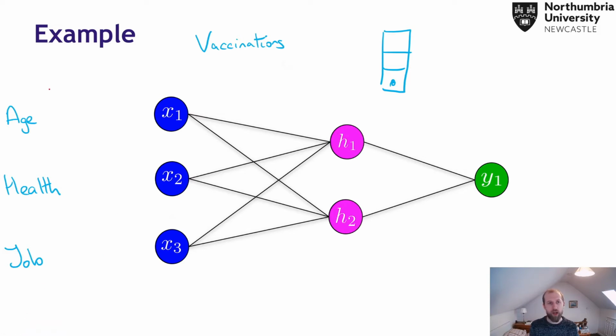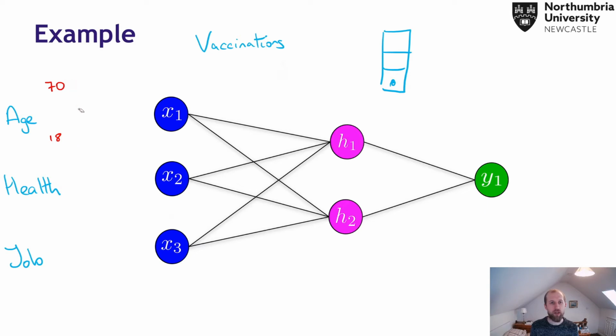For age, we're going to have people between the age of 70 and 18, as I said before. What we're going to do is something called normalization, where we convert this age range into a more convenient range between 0 and 1.